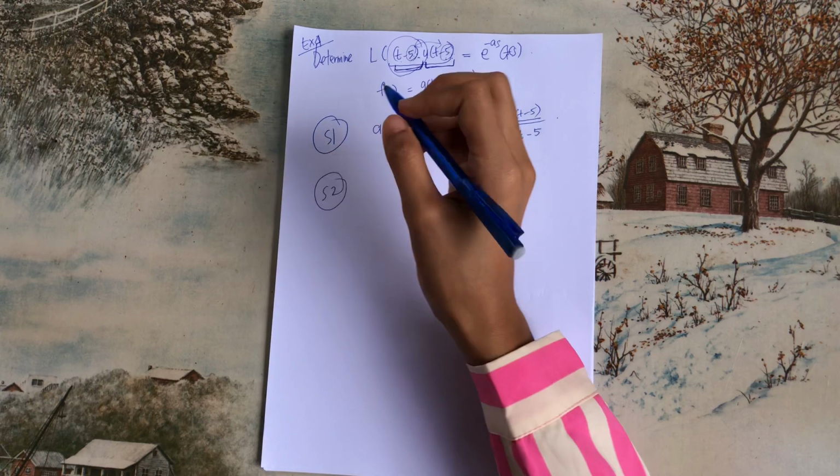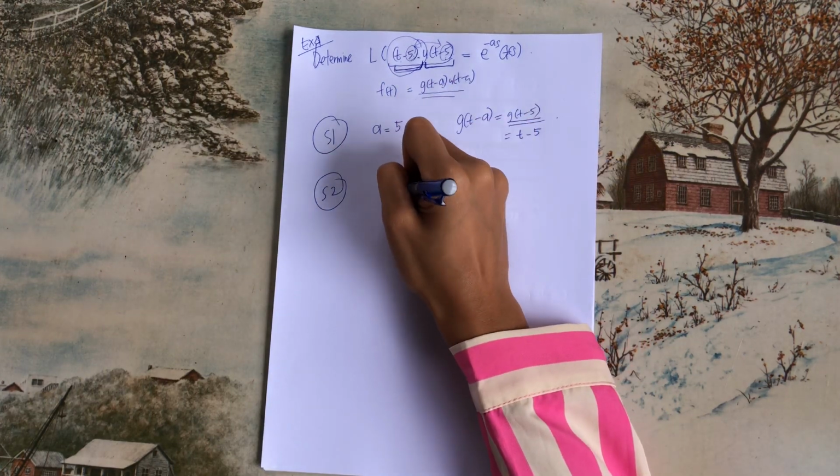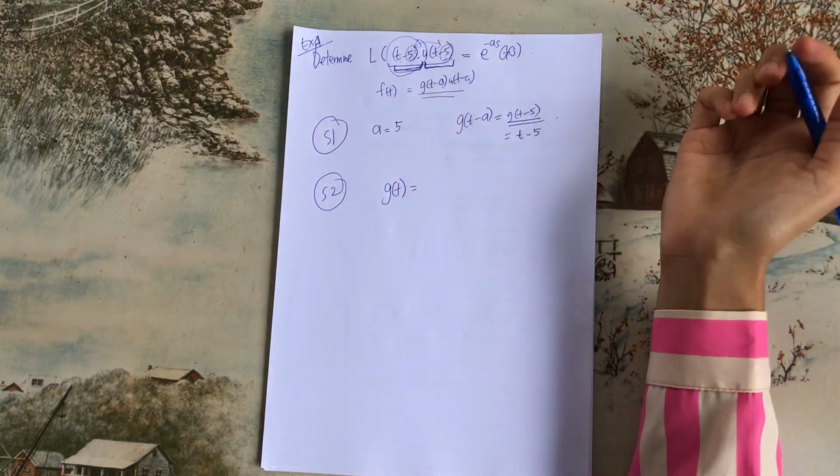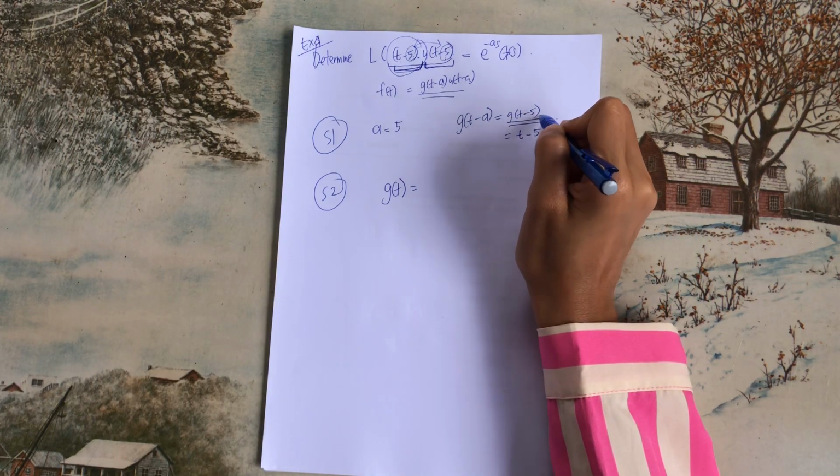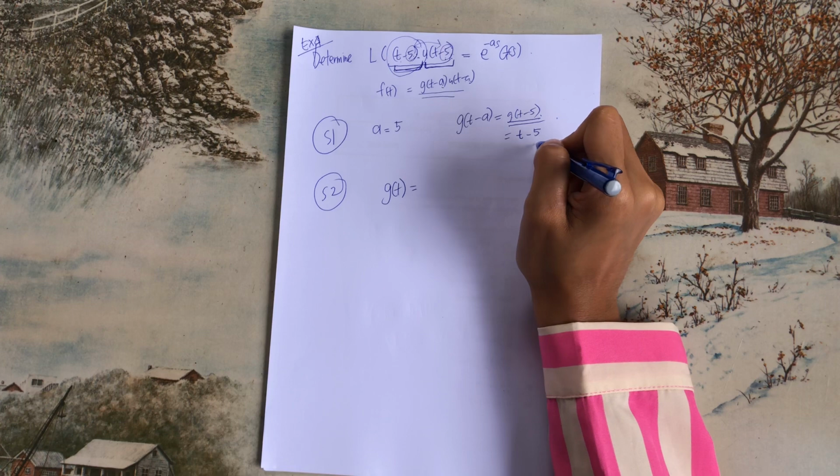Step number 2, you need to find what your g(t) is. Here g(t minus 5) is t minus 5.